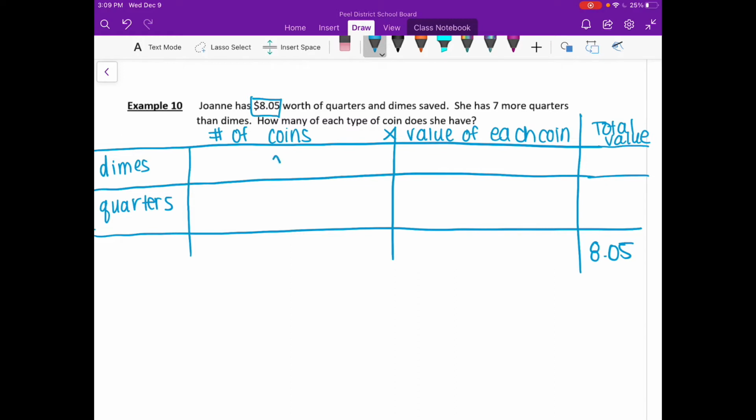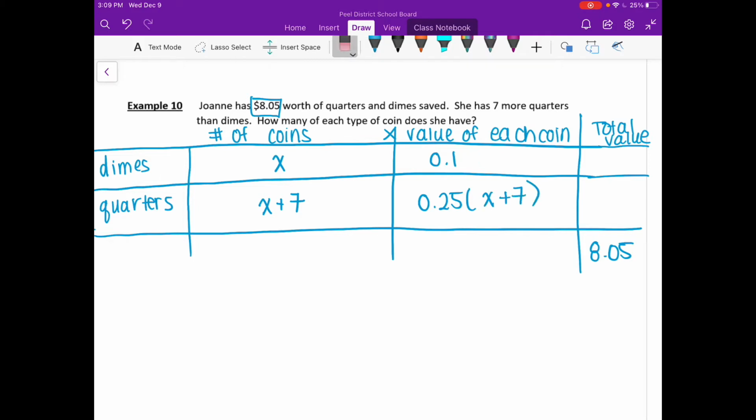So I'm going to say she has an x amount of dimes, and then she has an x plus 7 amount of quarters. I know that the value of each dime is just going to be 0.1, so I'm going to say it's 0.1 times x. And I know the value of each quarter is going to be 0.25, and I'm just going to multiply it by the amount that I have, so x plus 7.